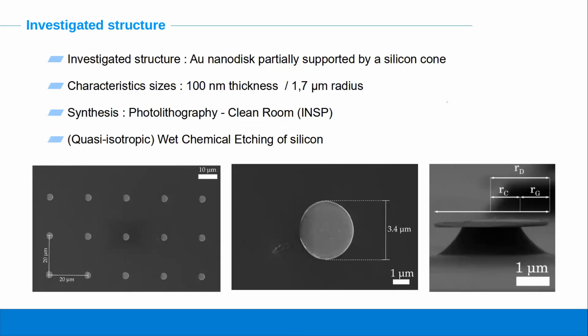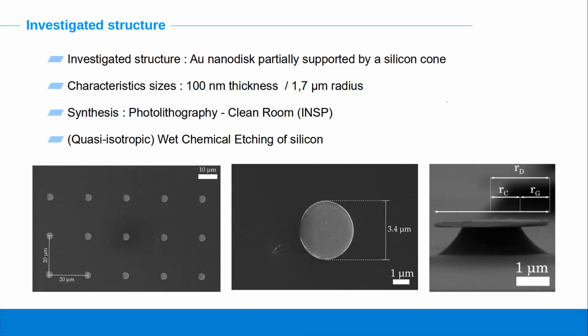The characteristic sizes of such a structure are a thickness of 100 nanometers, in that case, for a large radius of around 1.7 micrometers. The difference of one order of magnitude in those two dimensions will allow us to easily separate the eigenmodes of the structure associated with the thickness or with the radius of the particles.